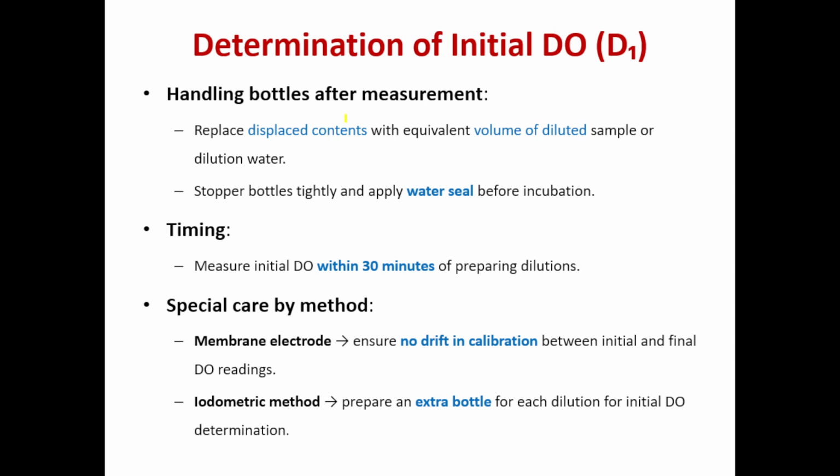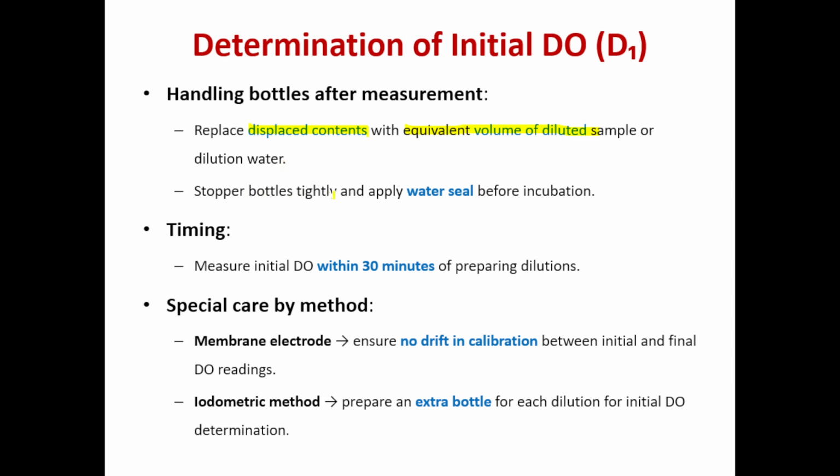We need to handle bottles after measurement, that is, if there is displacement of content, it means that when we take water for DO measurement, we need to replace that volume with an equivalent volume of diluted sample or dilution water.